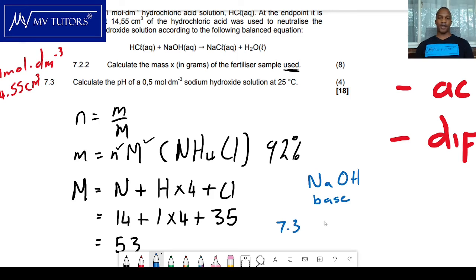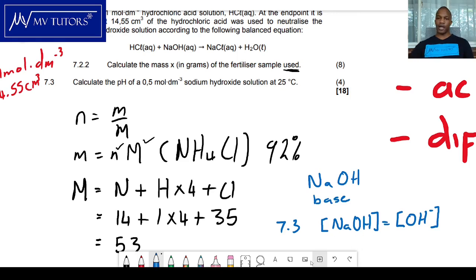We'll say first of all, we know that the concentration of sodium hydroxide is equal to the concentration of hydroxide, like that, because it's a strong base, so it's 1:1.